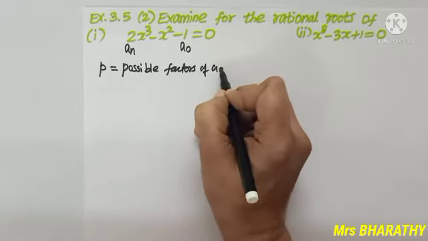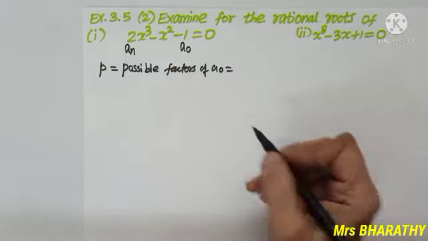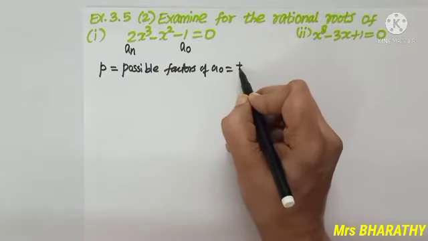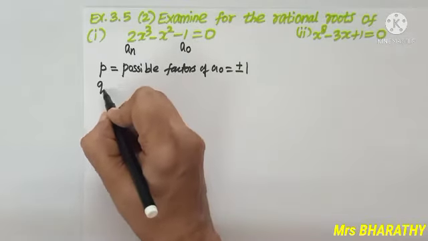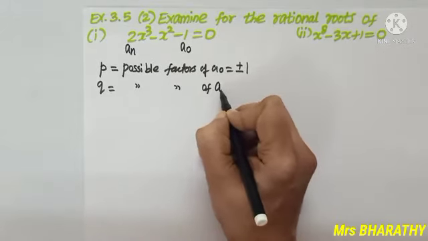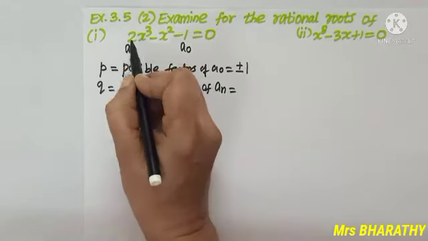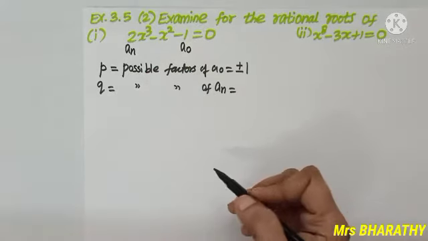What are the possible factors of A0? Here A0 is -1. What all can divide? I can say either +1 or -1. Now what is Q? We call it possible factors of AN. AN is 2. What could be the possible factors of 2?